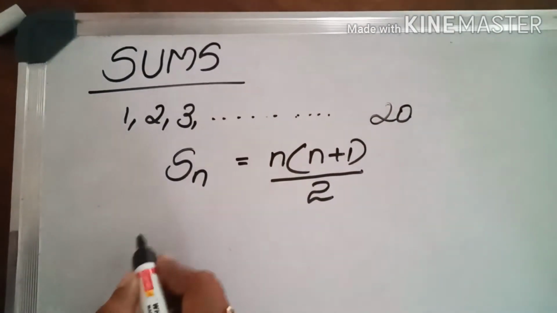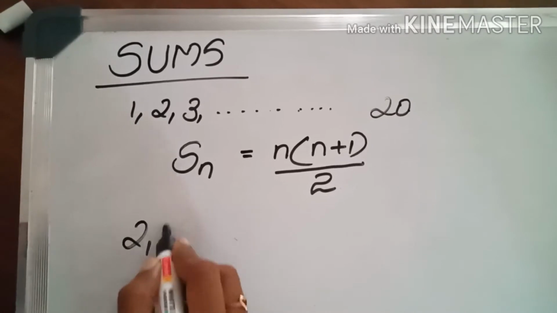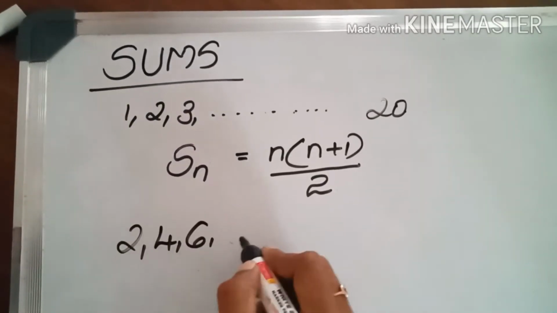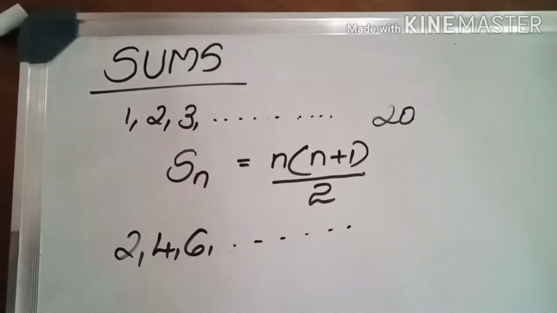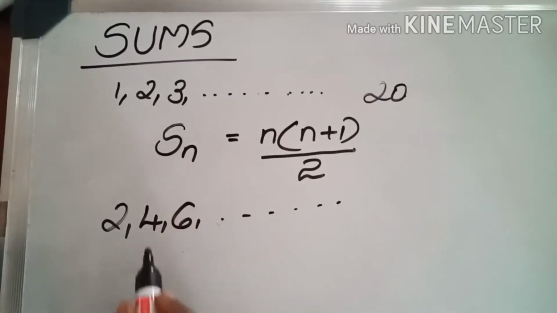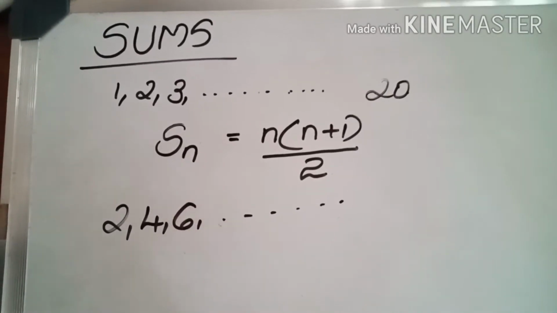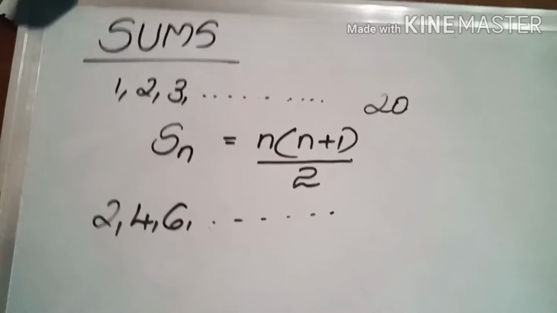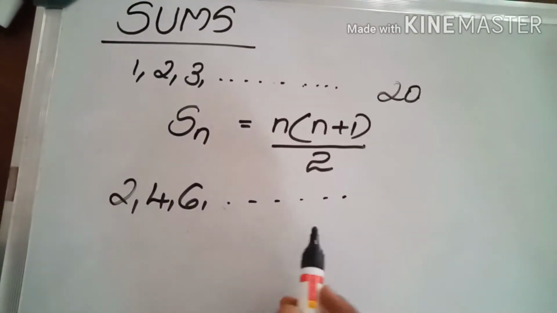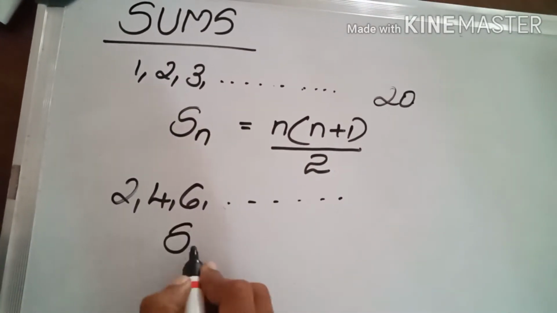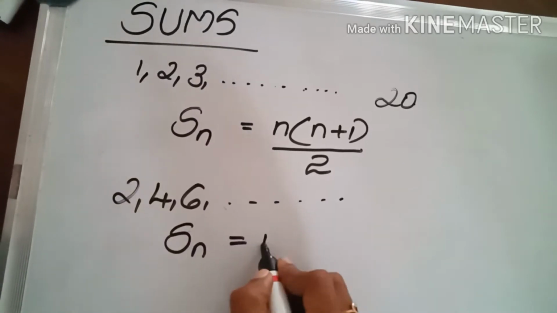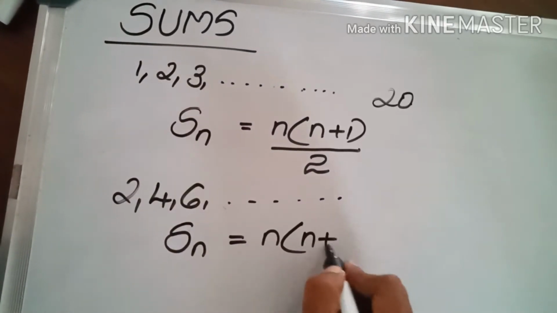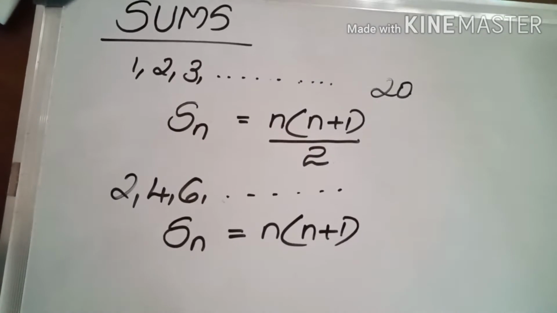Now let's consider even numbers, that is 2, 4, 6, etc. This is also an arithmetic sequence with a common difference 2. But here the equation is different. The equation Sn = n(n+1)/2 is not used here.